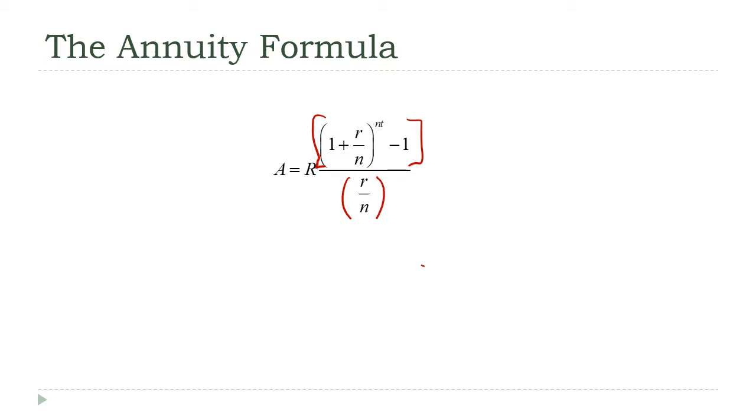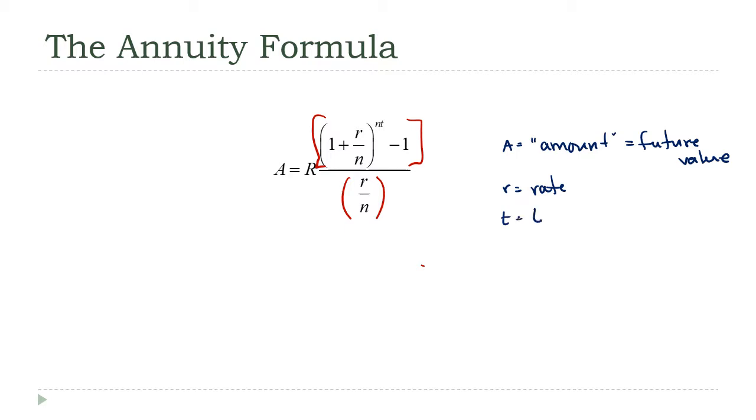Before we go on to some examples, let's go over the variables here, just like we usually do when we get a new formula. A is the amount. That is the future value, the value of the annuity at the end of the investment period. R is the interest rate, just like it was before.